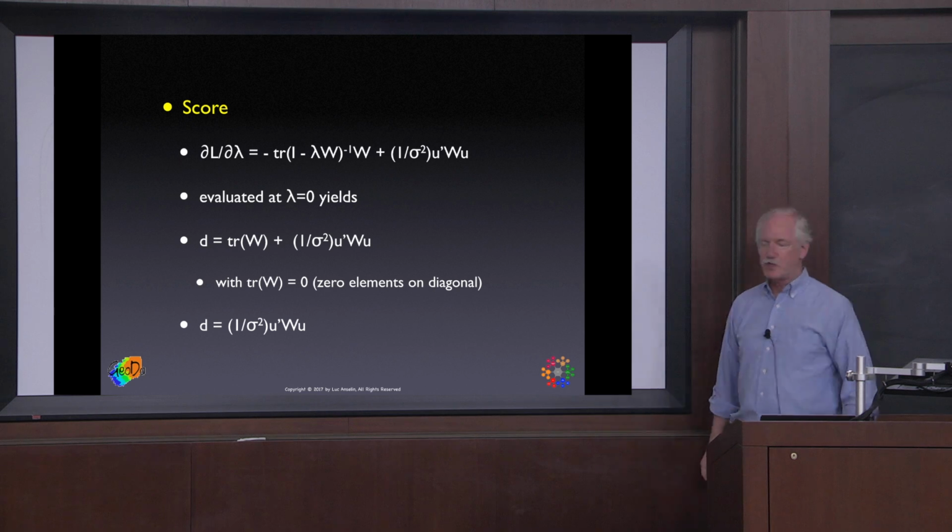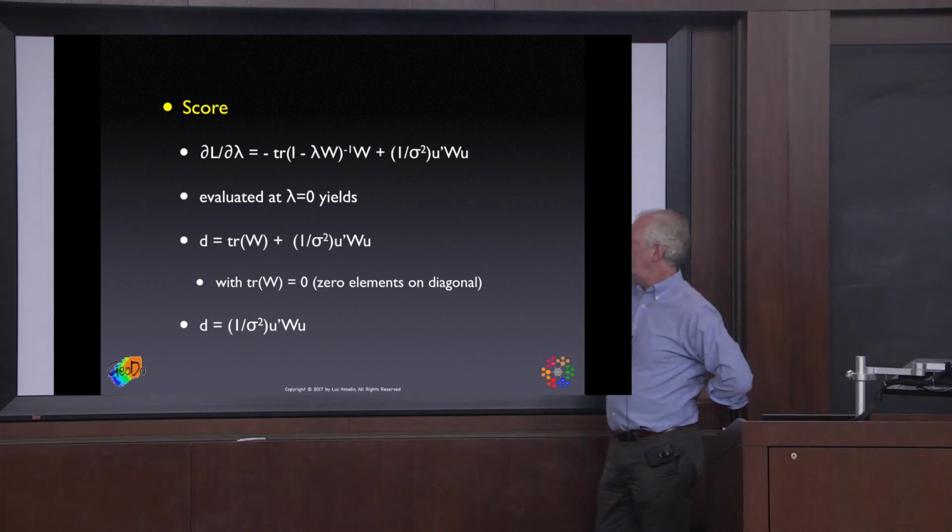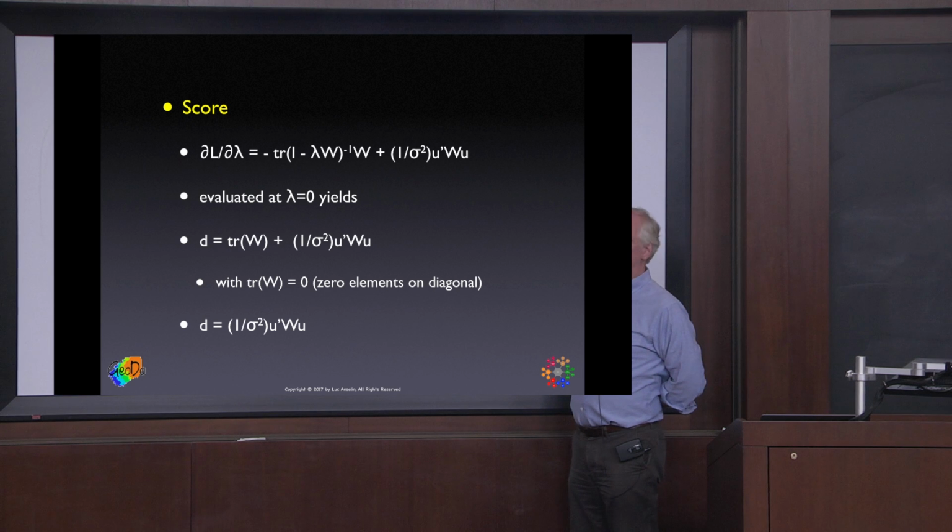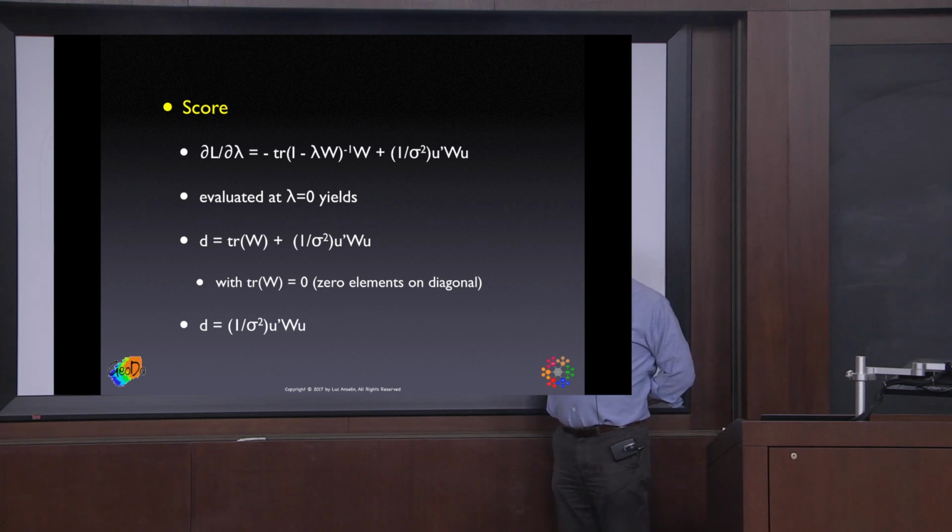So just to refresh your memory from last week, this was our score. You see the monster traces and the inverses and all this big thing. So this is really complicated, but we plug in lambda 0.